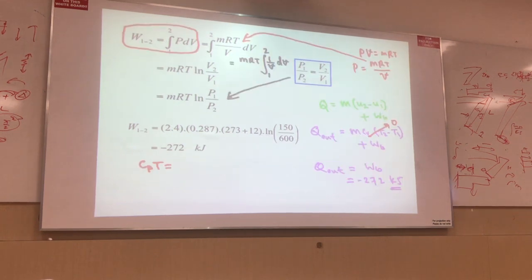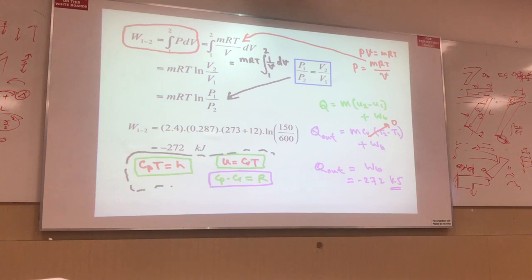Two equations: internal energy is CvT, enthalpy is CpT. And another equation is Cp minus Cv is equivalent to R. This is true for ideal gas. All these are valid for ideal gas only, not for real gas, okay?